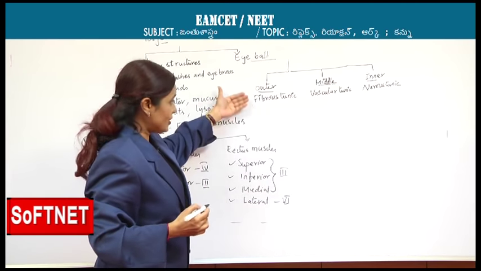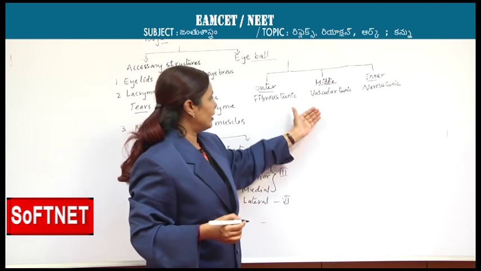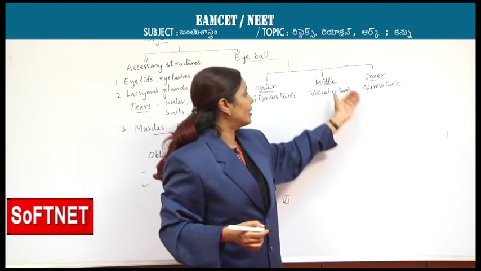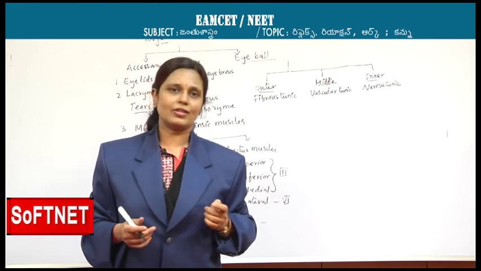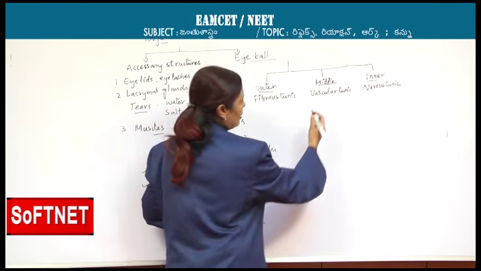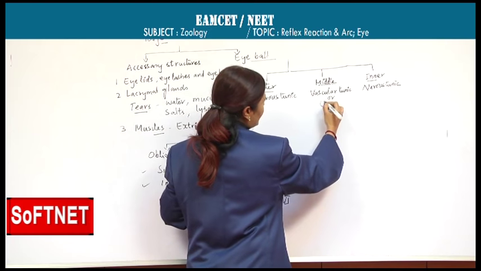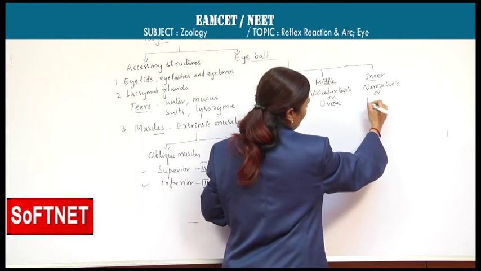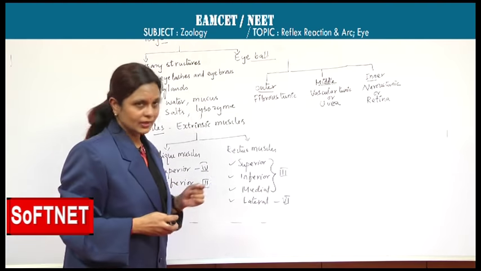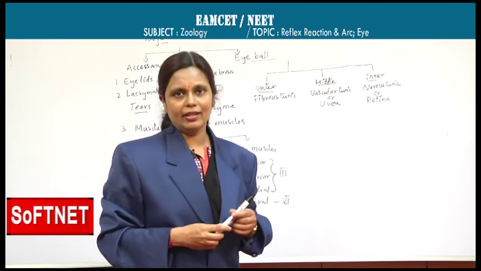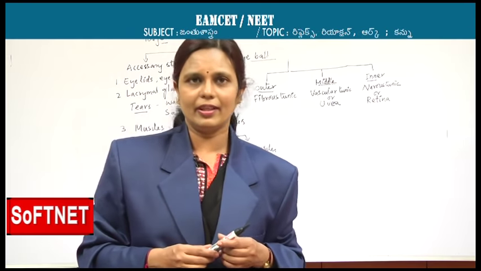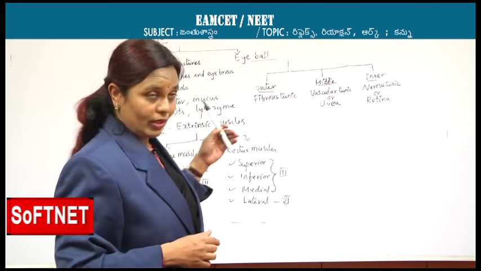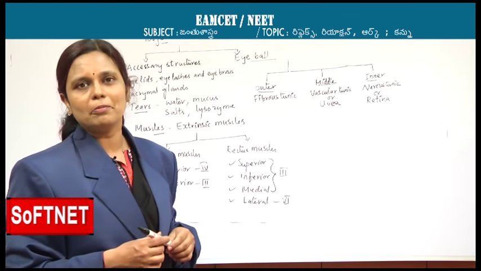The outer layer is fibrous tunic, middle layer is vascular tunic and inner layer is nervous tunic. This vascular tunic is otherwise called uvea and nervous tunic is otherwise called retina. Now let us learn in detail about all the 3 layers of the eyeball as well as the lens present inside the eyeball.